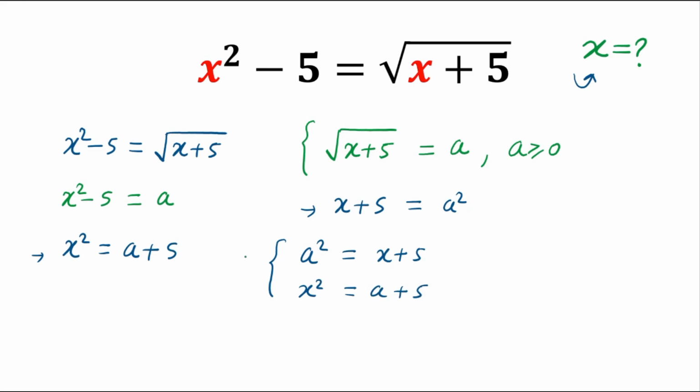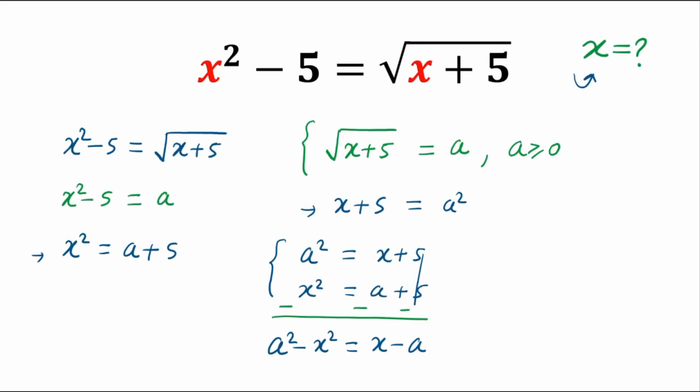Now subtract the second equation from the first, then here minus, minus, and here minus. On the left hand side, a square minus x square, and on the right hand side this plus 5 and this minus 5 cancel out. Here x minus a.